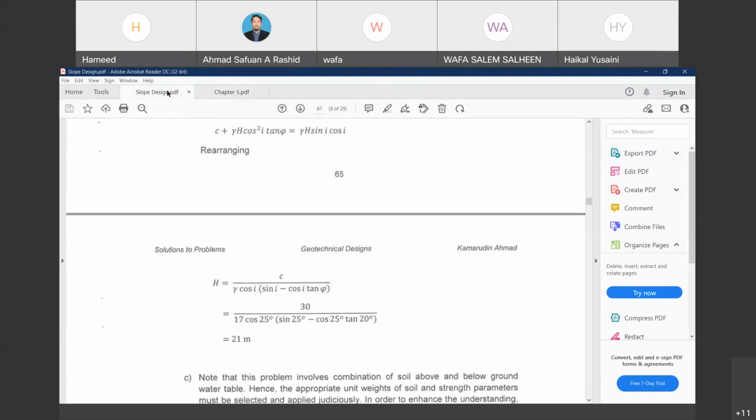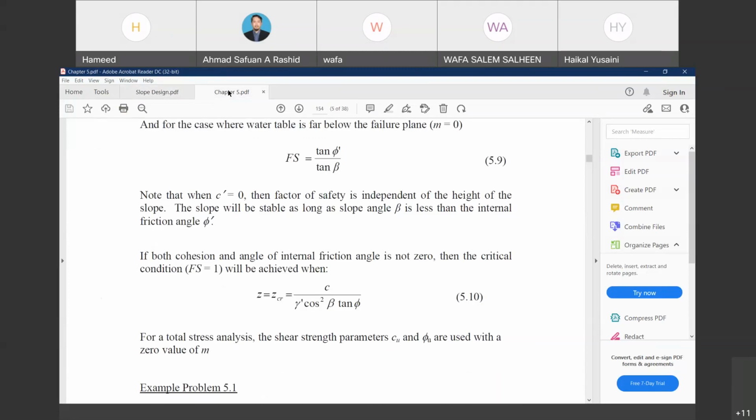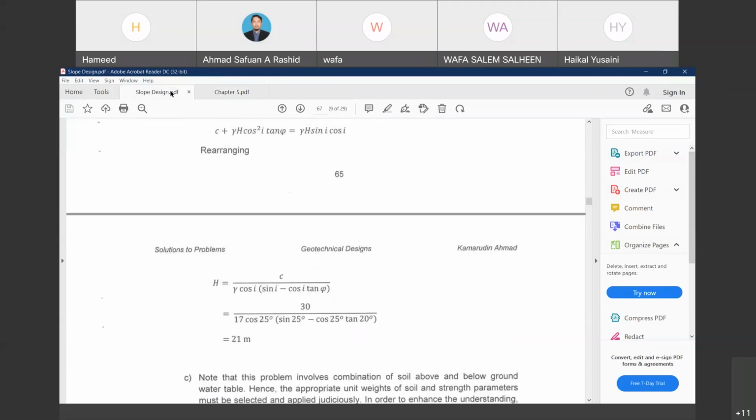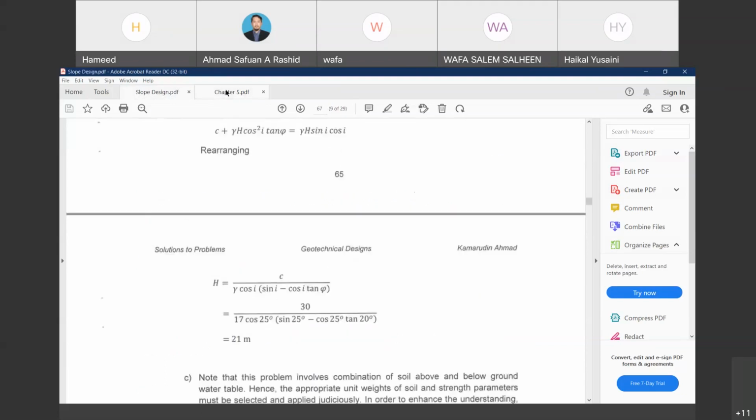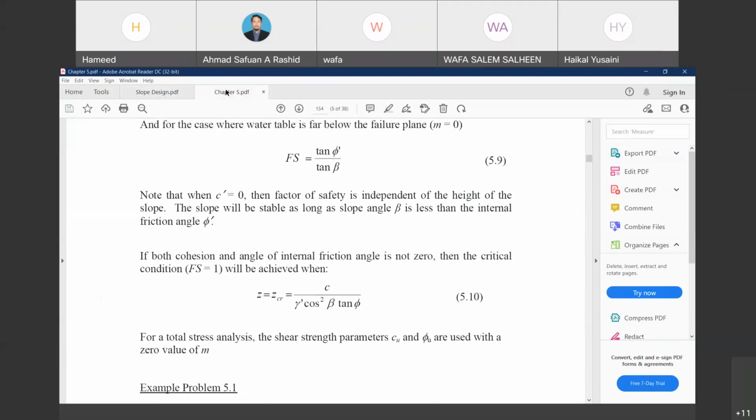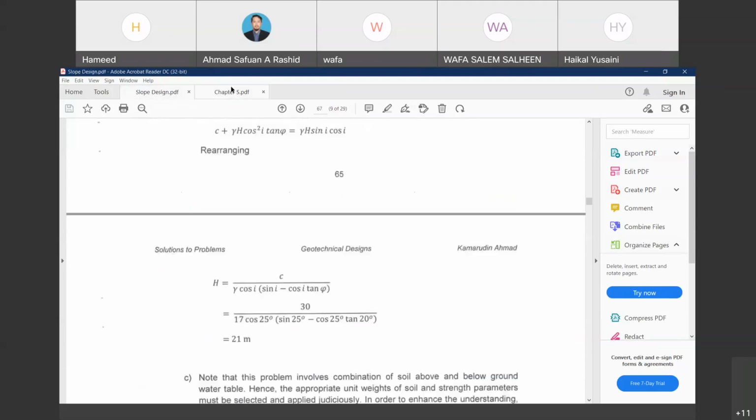Let me try: 30 minus 17 times cos 25, tangent phi equal to 20. So we get 5.9.